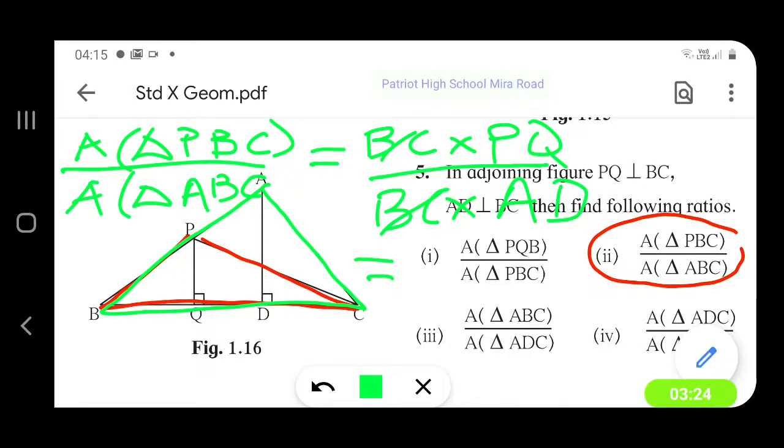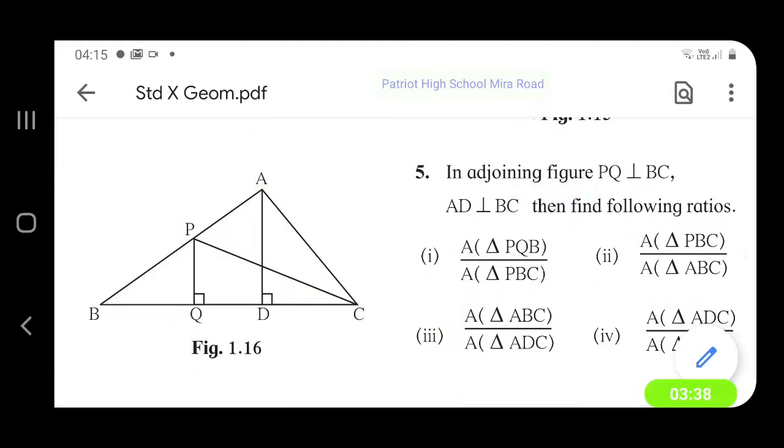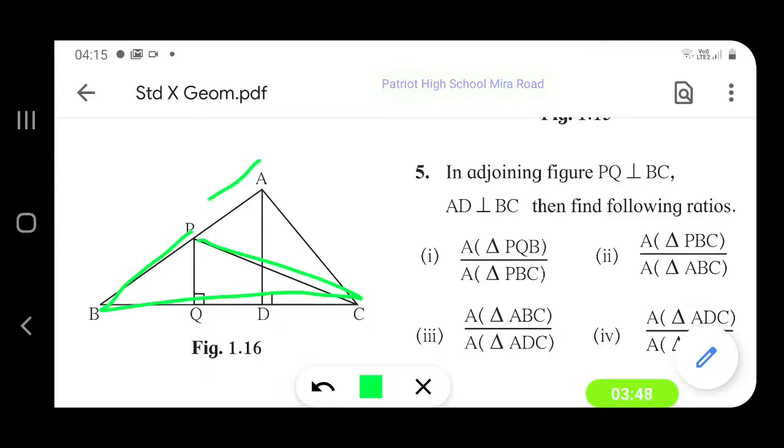So you have the ratio to be PQ upon AD. So for triangle PBC upon triangle ABC, the ratio of their areas is equal to the ratio of the heights.